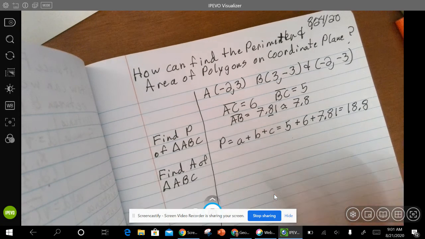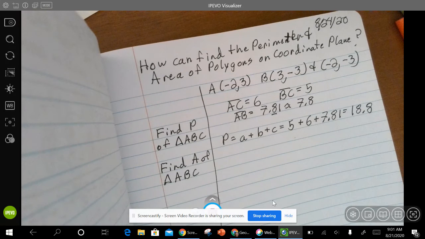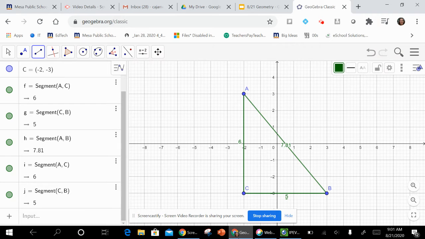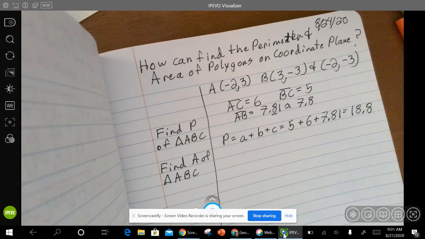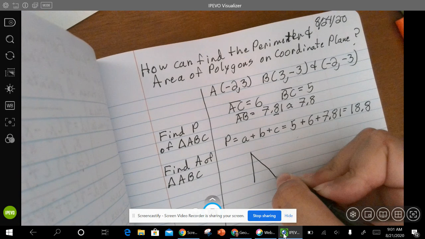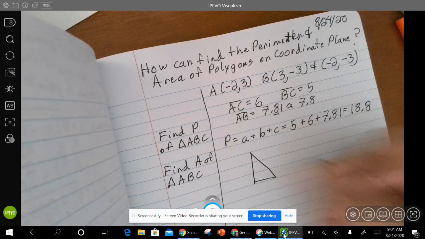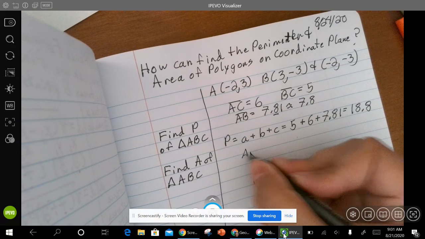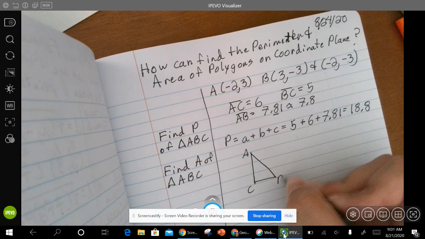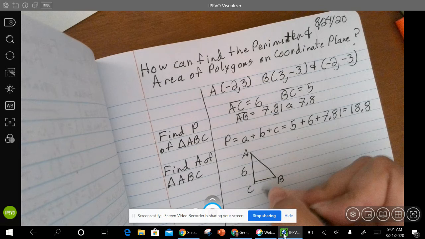Okay, and so everybody, if you remember from our GeoGebra diagram, notice that this was 6 and this was 5. Okay, so that means, sketch right here just so you see what I was talking about. Okay, this is A. Okay, so this was 6, this was 5.